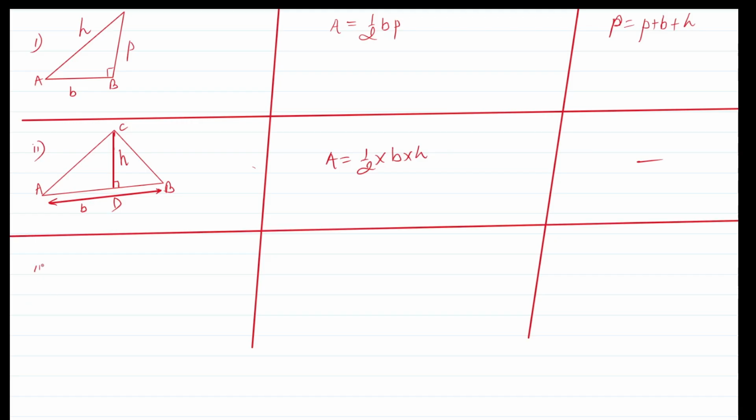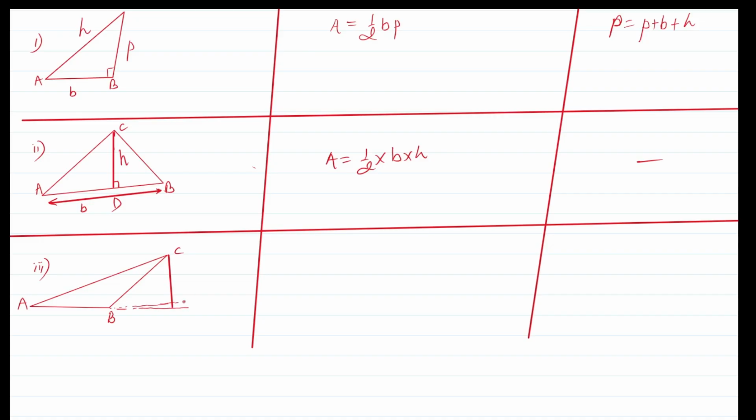And in case of an obtuse triangle, we know the height. This is a perpendicular.